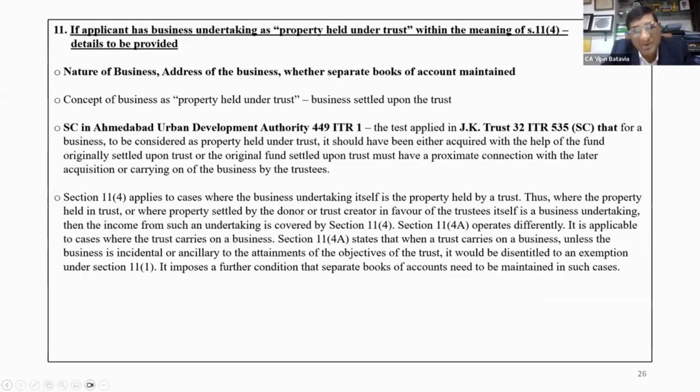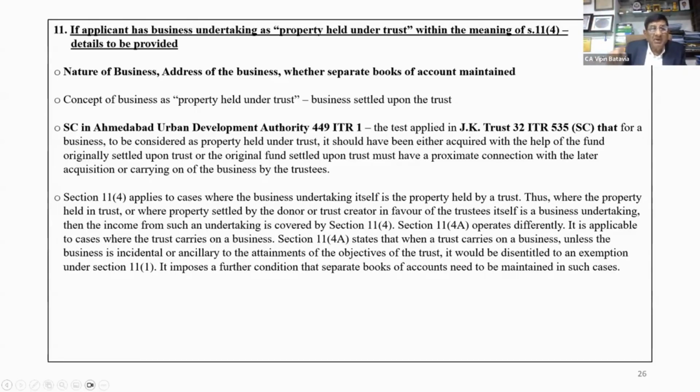If the applicant has a business, now the business undertaking, 11(4), is a business undertaking. If any trust has received a donation or bequest of any business, that becomes a business entity undertaken by the trust, and the income is the income of the trust and is treated as charitable, though that business is commercial.